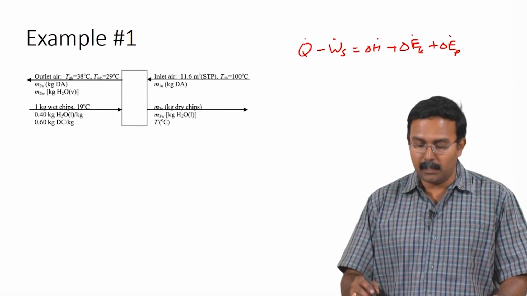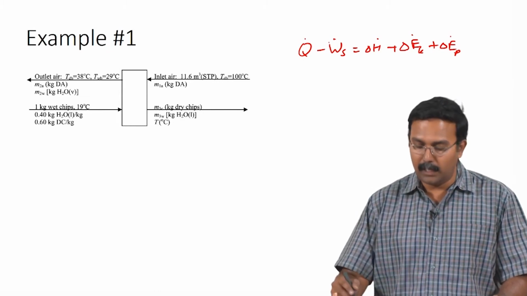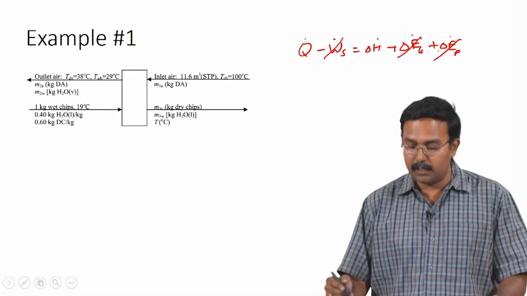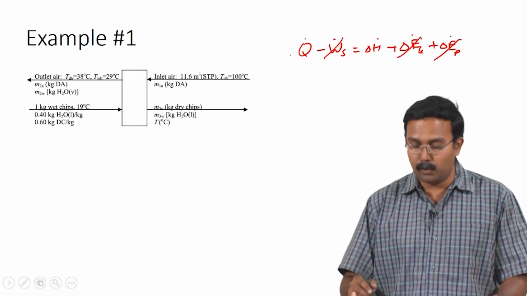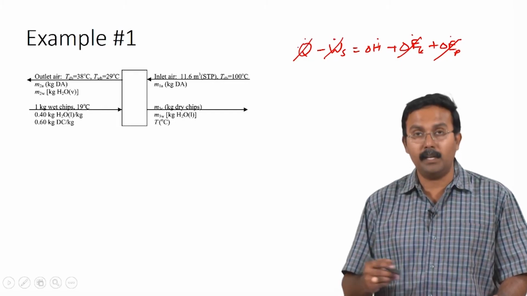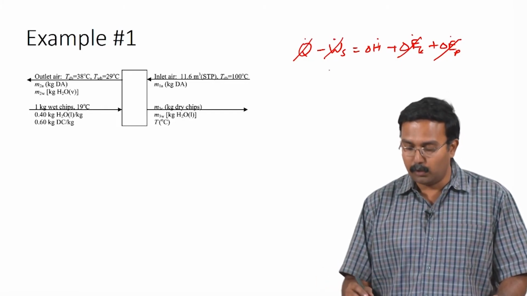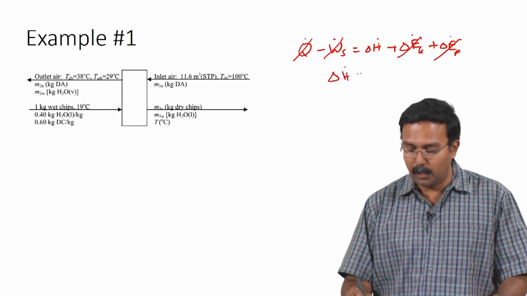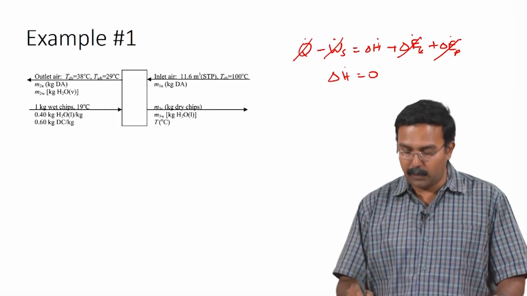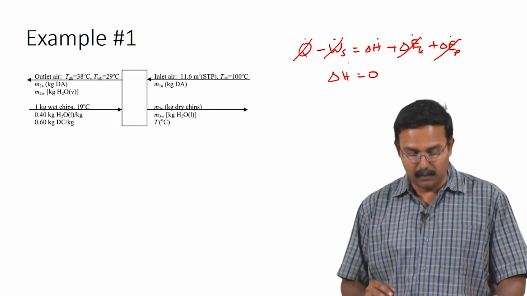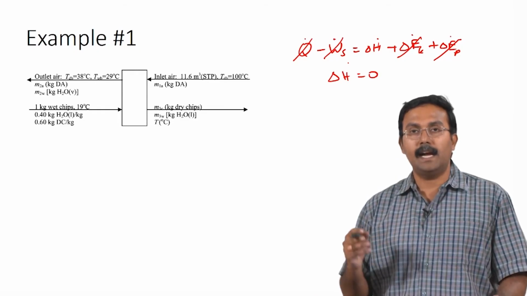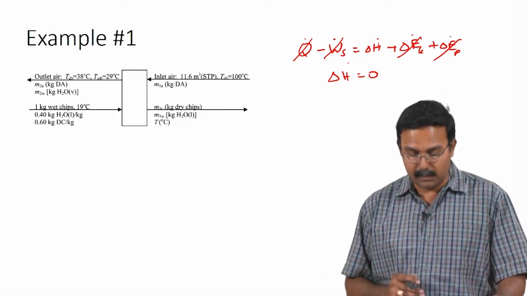Since there are no moving parts and kinetic and potential energies are 0, the equation simplifies to Q dot equals delta H dot, and as the system is operating under adiabatic conditions, Q dot also goes to 0, giving delta H dot equals 0. Since the flow rates are not given and only masses are given, we can write this as delta H equals 0. We can use this equation to identify the temperature of the exit stream.